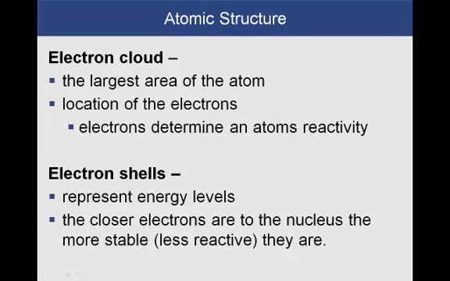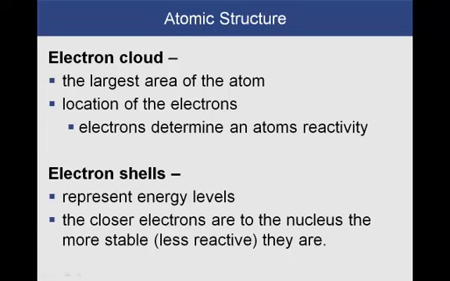Another term that you'll hear used when talking about the electrons is electron shells. And electron shells represent energy levels. At the lowest energy level is the shell that's closest to the nucleus.